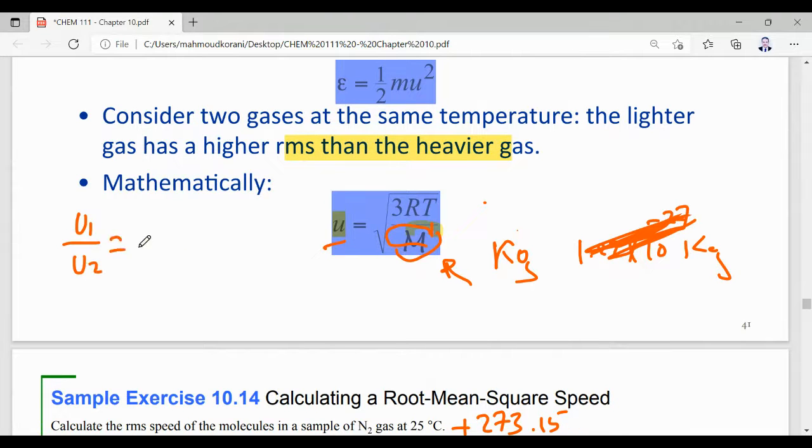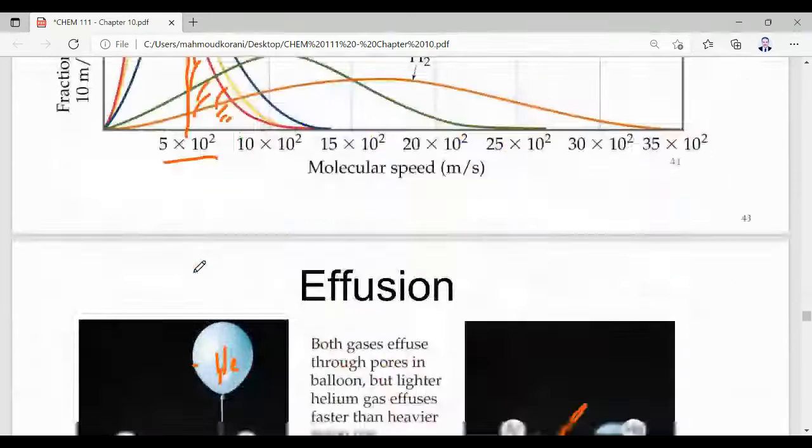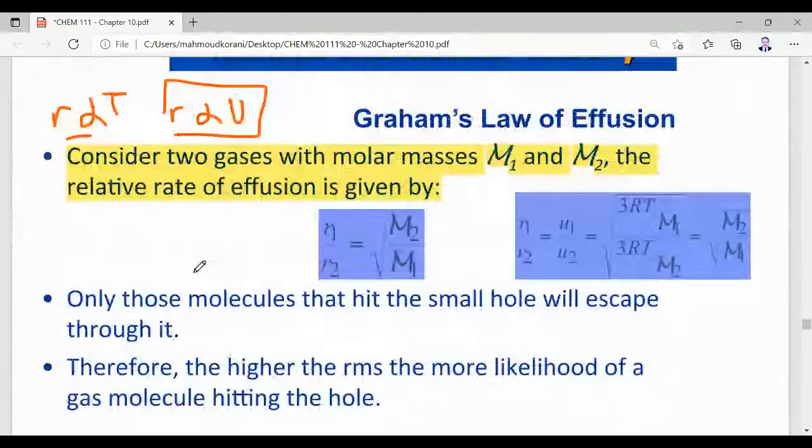If you divide them together, for gas 1 and gas 2 at the same temperature, this will be cancelled and you end up with the square root of M2 divided by M1. This is exactly the same equation here.